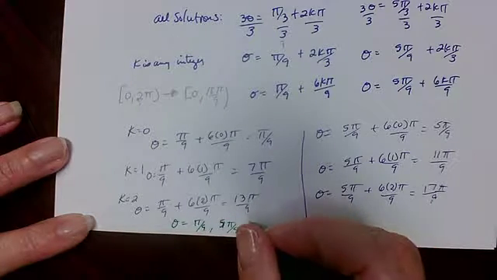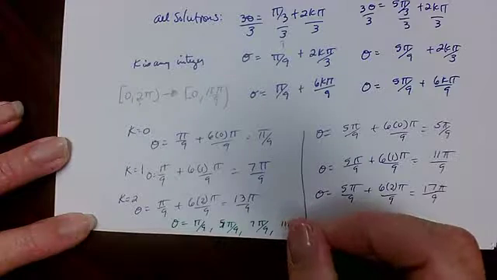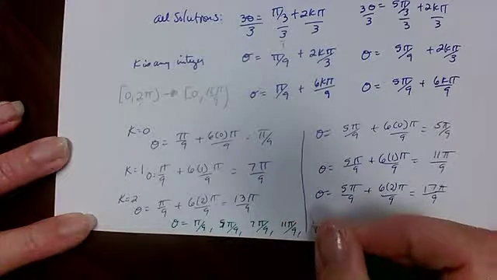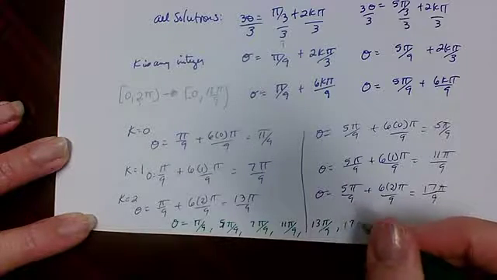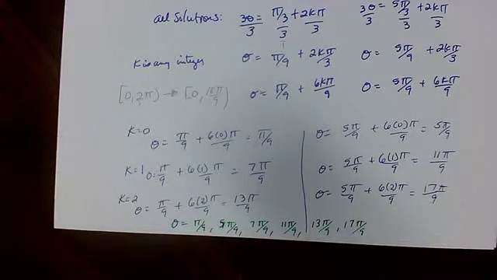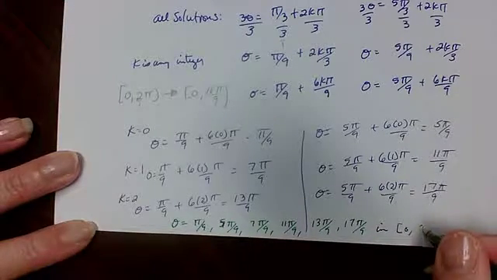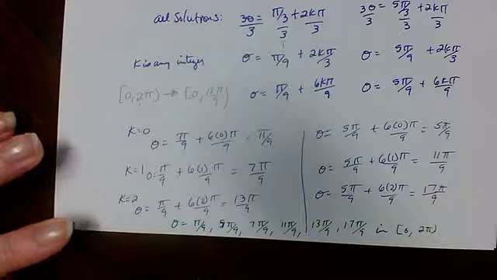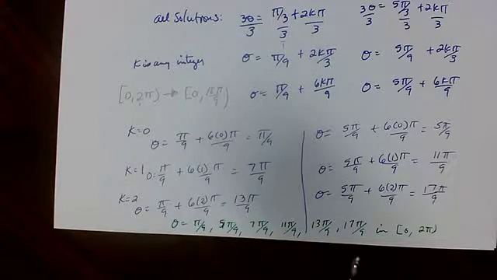We'll put it in numerical order. 7 pi over 9, 11 pi over 9, 13 pi over 9, and 17 pi over 9 in the interval of 0 to 2 pi. So we ended up with 6 angles that will work for our interval equaling 3 times theta is equal to 1/2.